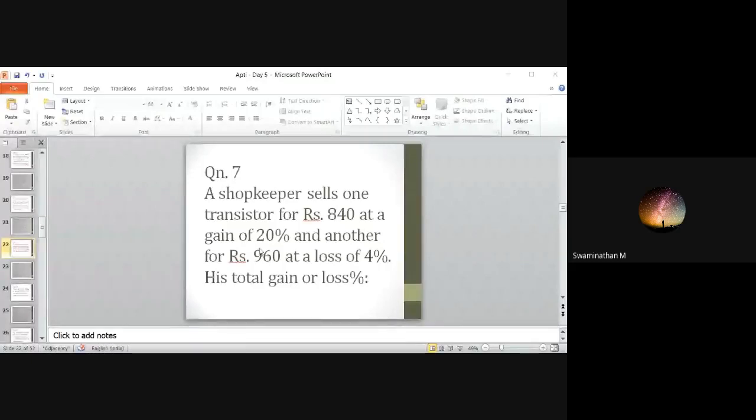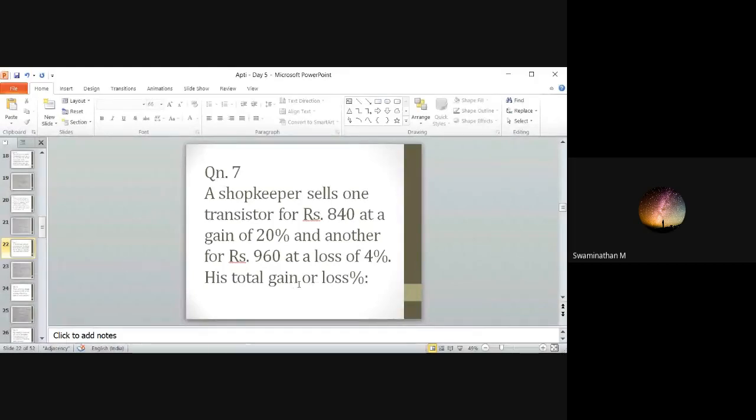For the second transistor, 960 rupees is the selling price, 4% loss. So with the loss and selling price, you have to find the cost price. Find the sum of cost price and you have selling price. Find whether it is gain or loss and then gain or loss percentage.